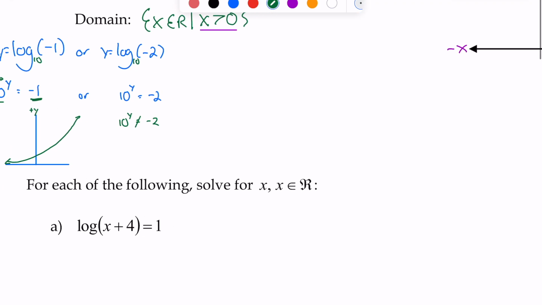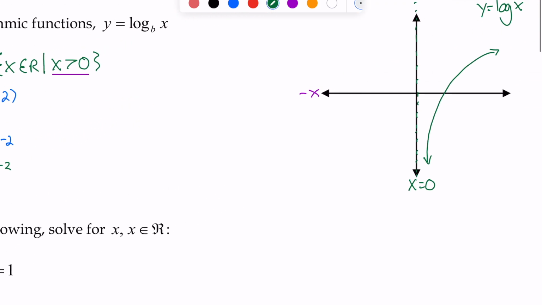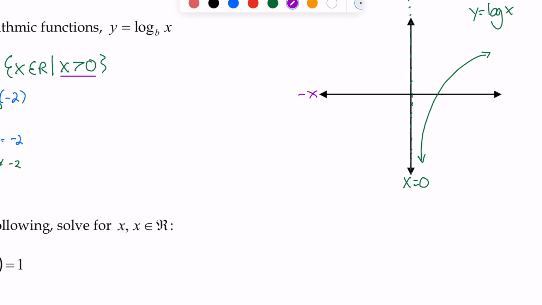So a constraint for a logarithm is that the inside of the log, what you call the argument, always needs to be positive. We've seen stuff like this before when you do square roots.